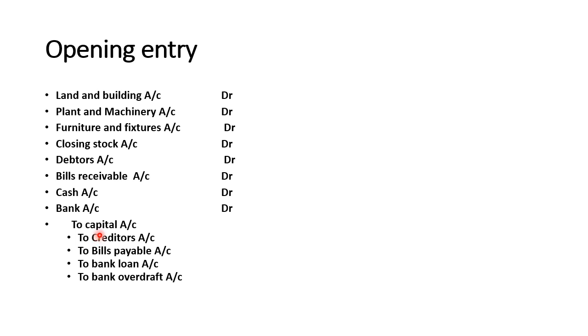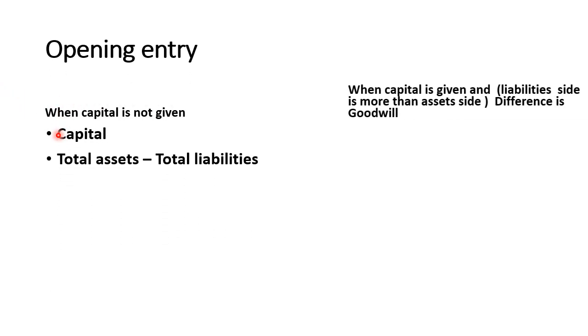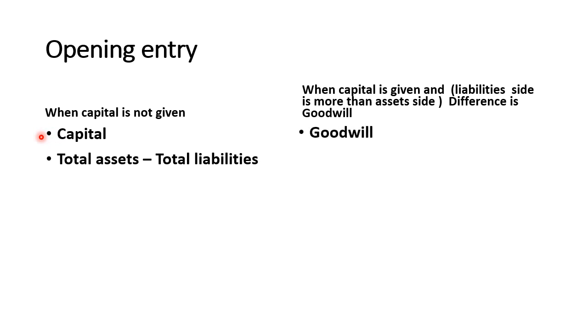Now let's see the formulas of capital and goodwill. When capital is not given, we have to find out the capital, and the formula for capital is equal to total assets minus total liabilities.